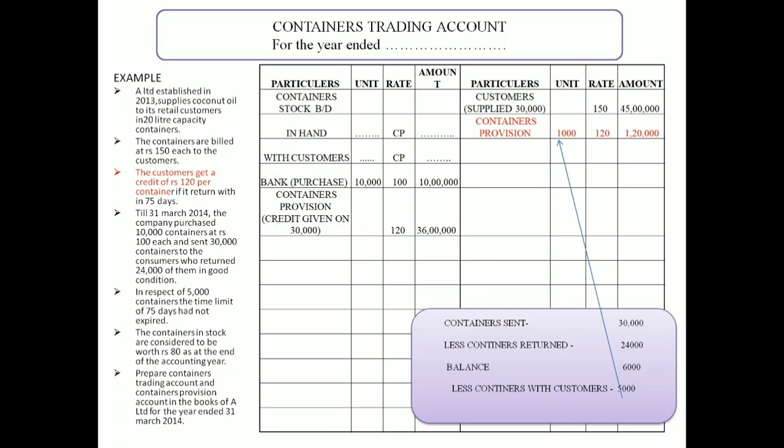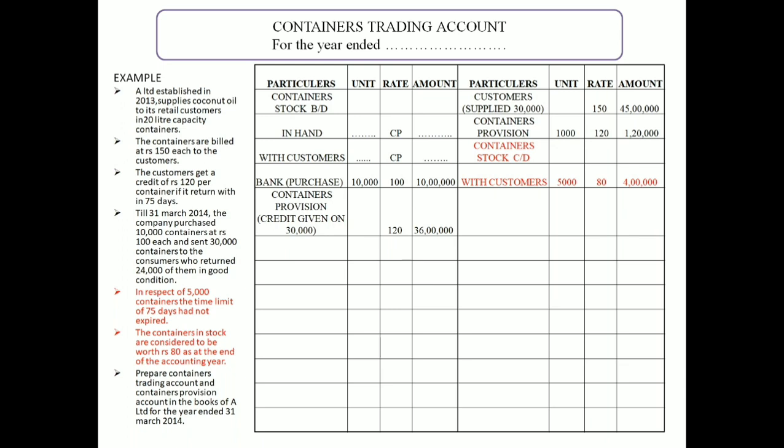So the containers retained are 1,000, and the containers provision rate is 120. You multiply 1,000 by 120, which equals 1,20,000. So this is the way you calculate the containers provision on returnable price, that is 120, which gives the value of 1,20,000.